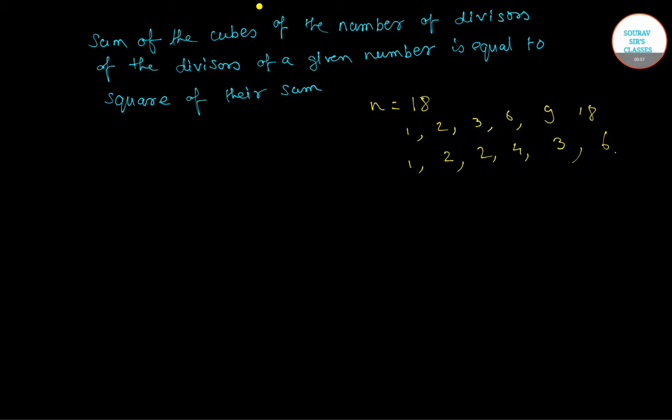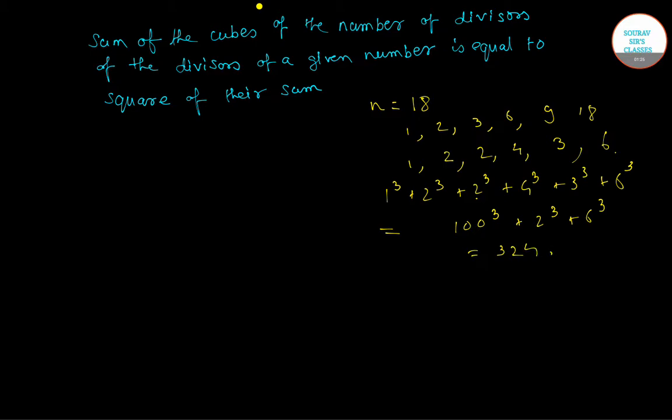So the sum of cubes of these, that is 1 cube plus 2 cube plus 2 cube plus 4 cube plus 3 cube plus 6 cube, is equal to 1 plus 8 plus 8 plus 64 plus 27 plus 216, which is equal to 324.